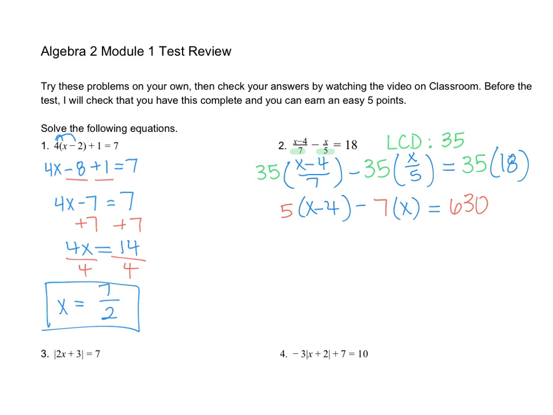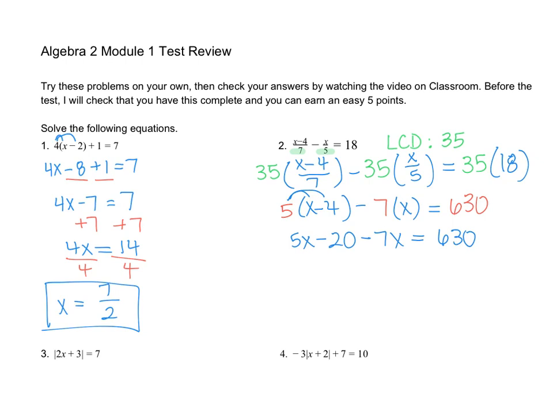So even though we have that very large value, we're now left with a linear equation very similar to the first problem we did. So now we want to distribute the 5 into our parentheses, and we get 5x minus 20. Now when I take the 7 and multiply by x, I'm just left with minus 7x equals 630.